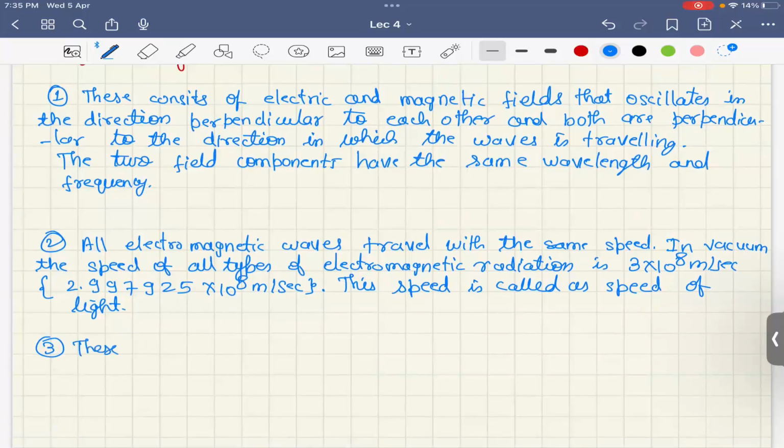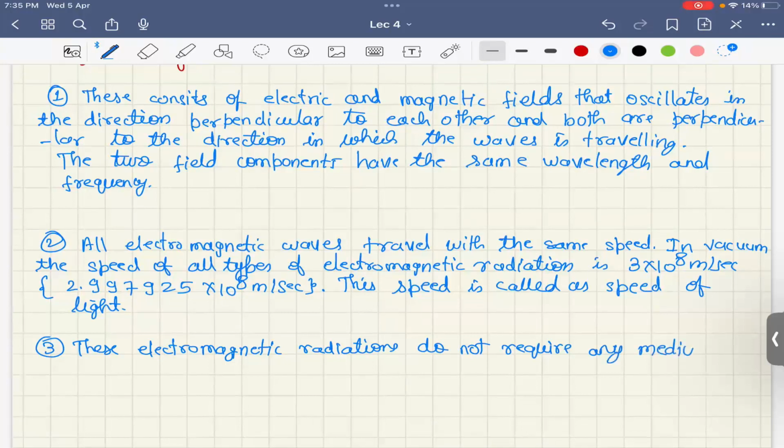So these electromagnetic radiations do not require any medium for propagation.